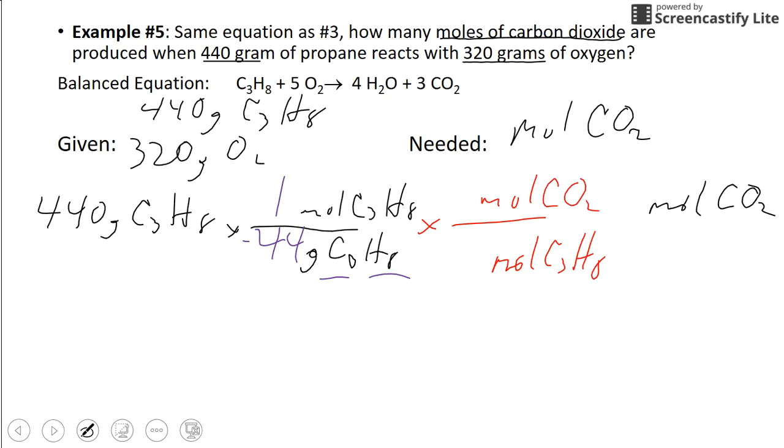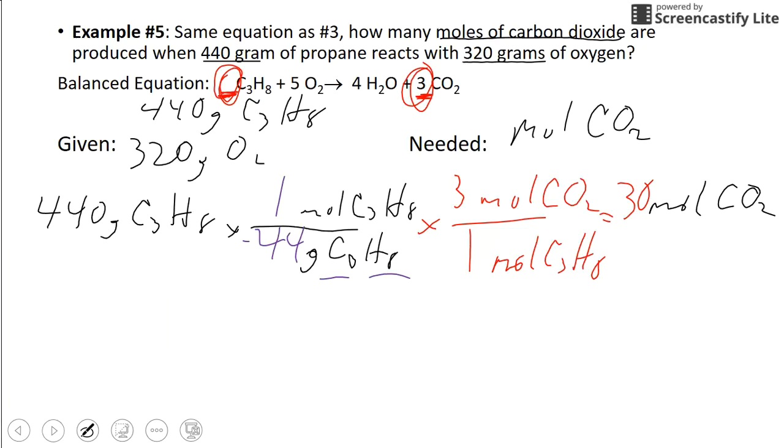And that relationship comes from the balanced equation. So we need moles of C3H8, understood 1, since there's no coefficient here. And the moles of CO2 is right there as a 3. So you multiply the tops, the 440 times 1 times 3, divide by the bottoms, 44, and you get 30 moles of CO2.